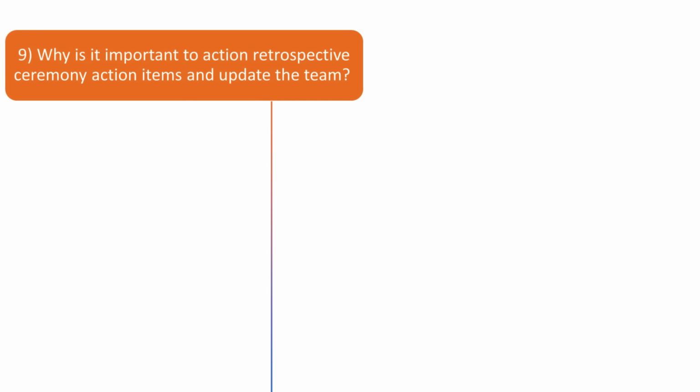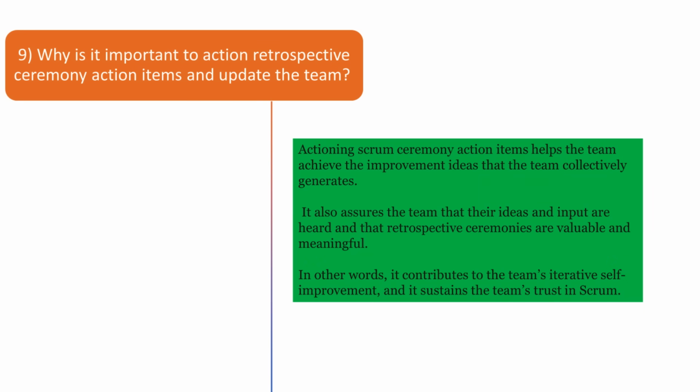Actioning Scrum ceremony action items helps the team achieve the improvement ideas that the team collectively generates. It also assures the team that their ideas and input are heard and that retrospective ceremonies are valuable and meaningful. In other words, it contributes to the team's iterative self-improvement, and it sustains the team's trust in Scrum.